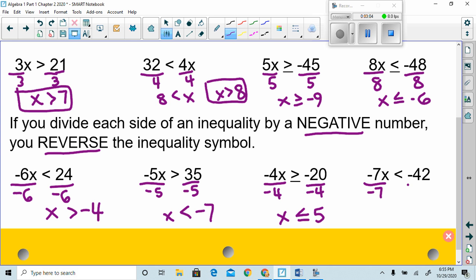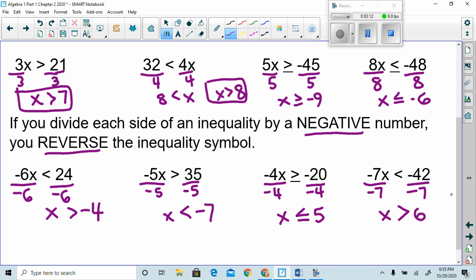Let's divide by negative 7. If I'm dividing by a negative, I reverse the direction of my inequality. And there you have our first two rules, and they are regarding dividing. So I see multiplication, my inverse is division. The very important rule is that if you're dividing by a negative, you reverse your inequality symbol.